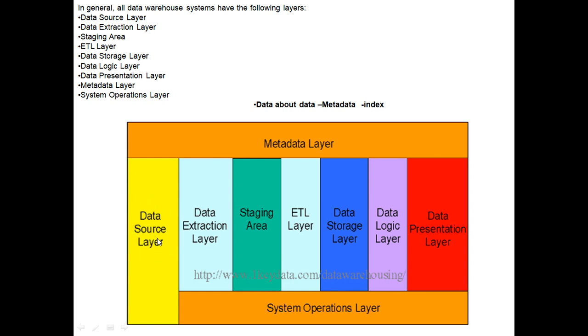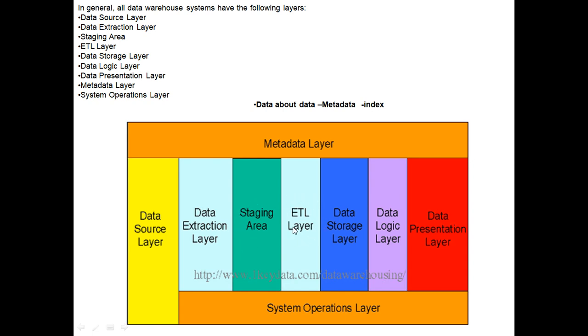The data source layer, as the name says, contains the sources, one or many heterogeneous sources. And the data extraction layer is responsible for extracting the data from the source and dumping that into the staging area. Okay, clear till here?